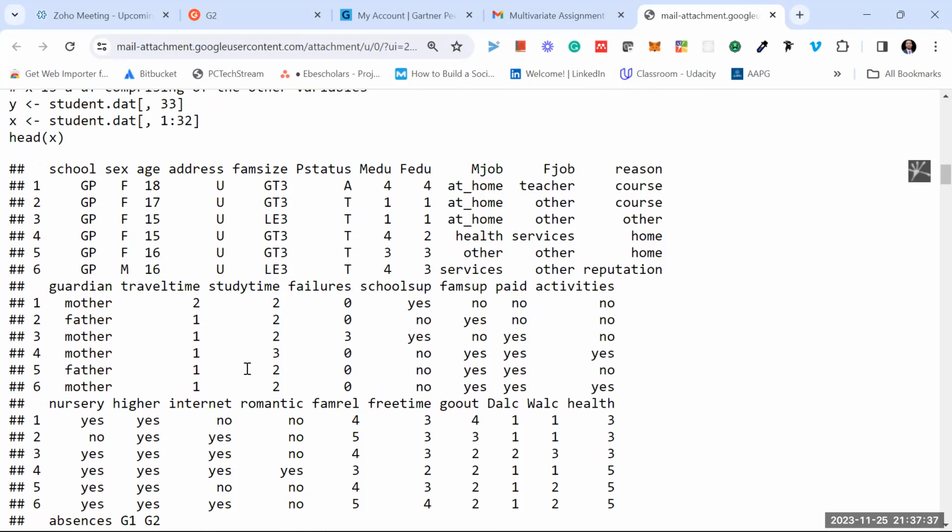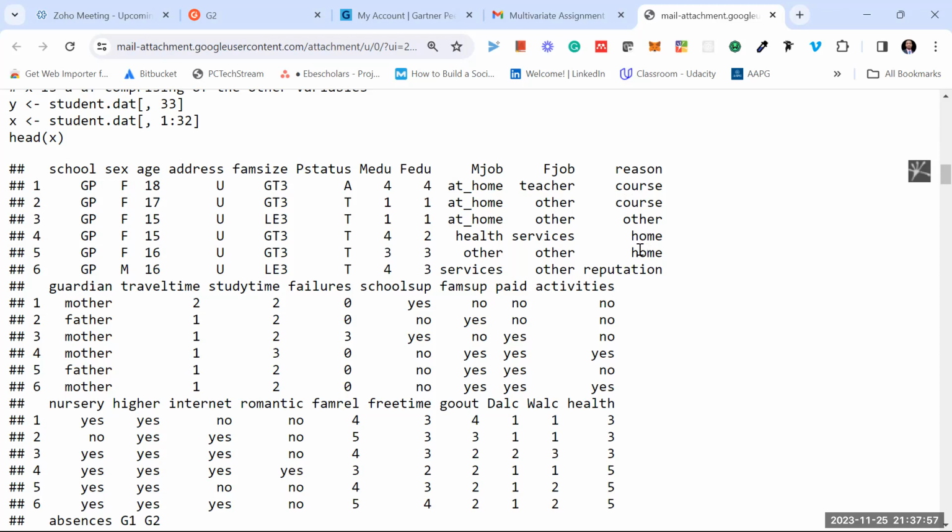Factors in R. So despite them not being numbers, when we convert them to factors, the model will be able to work with them.